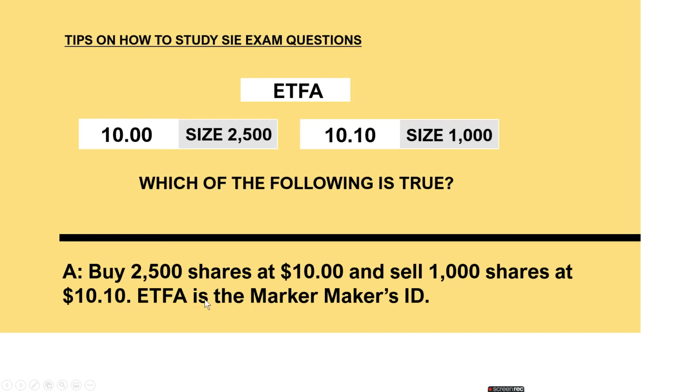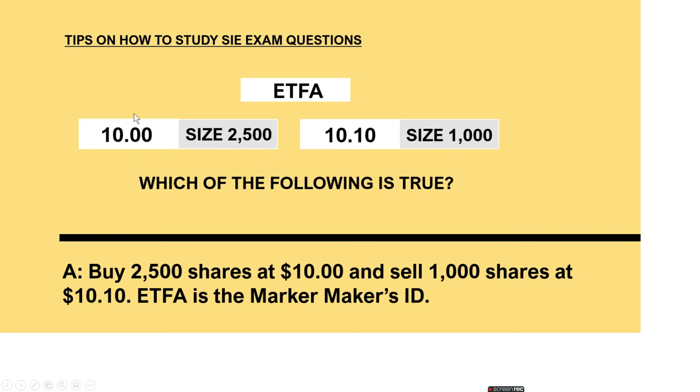Now, they may break it up. They may have it where in part of the available answers, it says that the market maker is willing to buy 2,500 shares at $10.10. That is the incorrect answer. The only correct answer is what you see here.